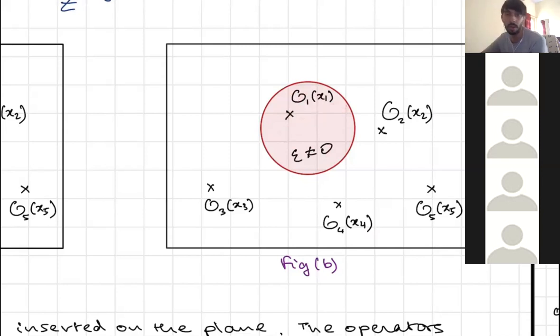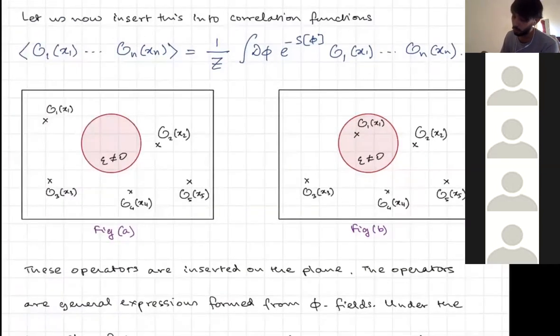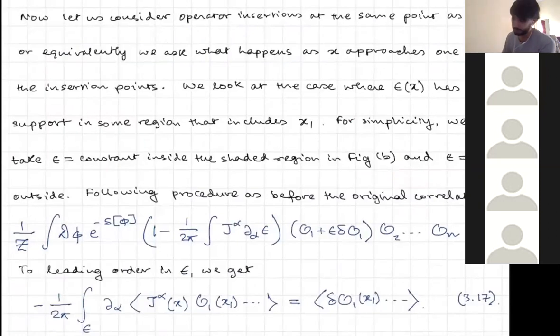Okay, so the O1 is actually there, and this has support in this particular region. So what is the simplest thing that we can do? The simplest thing that we can do is we can take epsilon equal to a constant inside this shaded region and 0 outside. Okay, so let's do this.